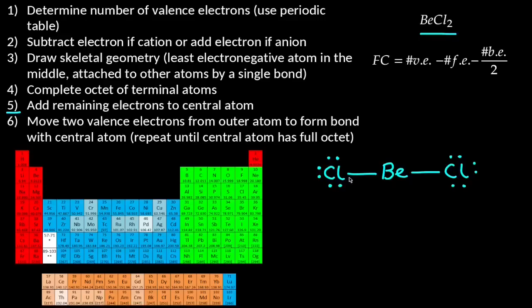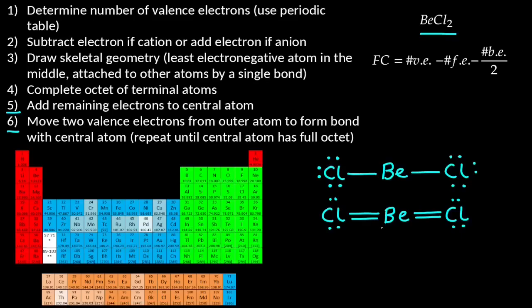And if we continue to step 6 to give beryllium a full octet, we obtain the following Lewis dot structure. Well, we basically took a lone pair of electrons from each chlorine to form an additional bond.